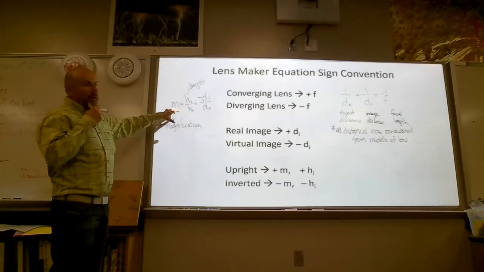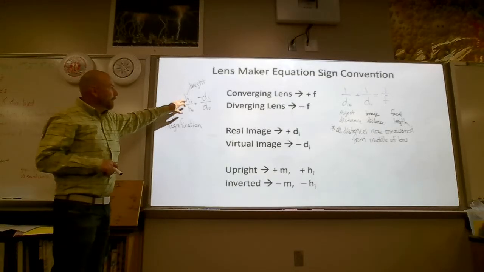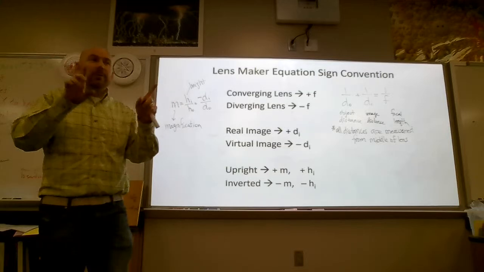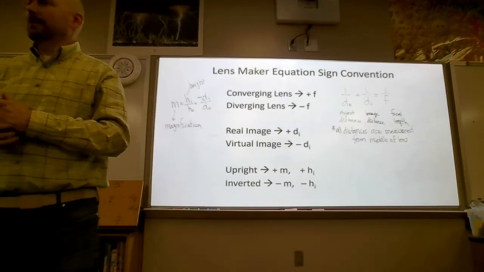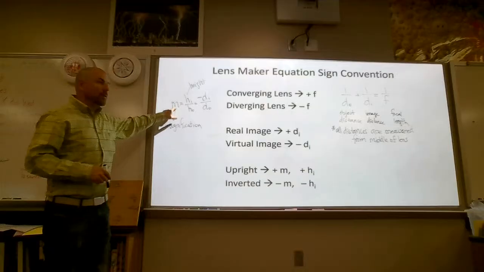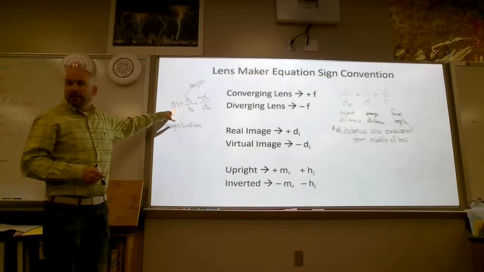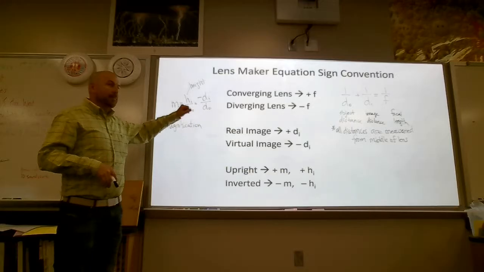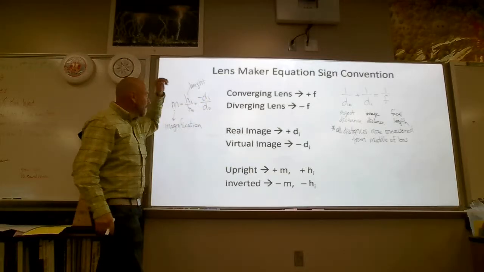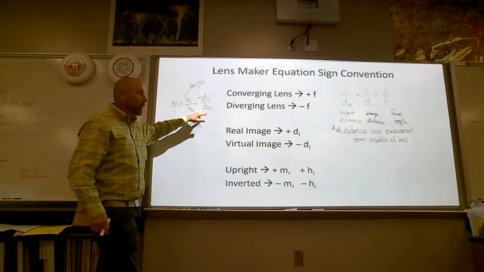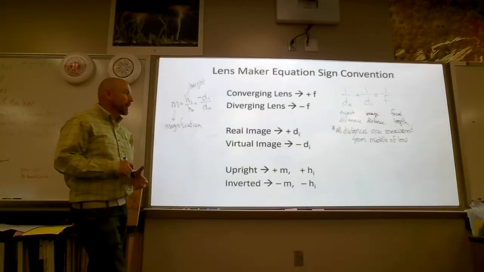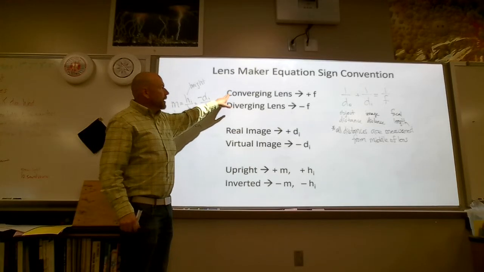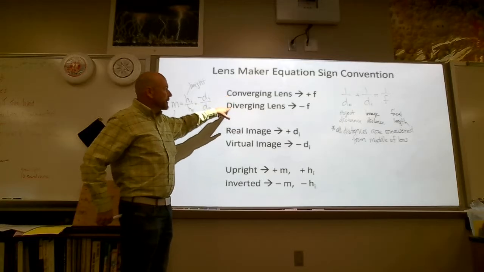The other equation is magnification, the ratio of the height of the image compared to the height of the object. When you're using your camera and you zoom in to 2x, that has a magnification of 2. Your image is twice that of your object. You can calculate that by the negative image distance over the object distance. For the sign convention, a converging lens has a positive focal length, a diverging lens has a negative focal length.